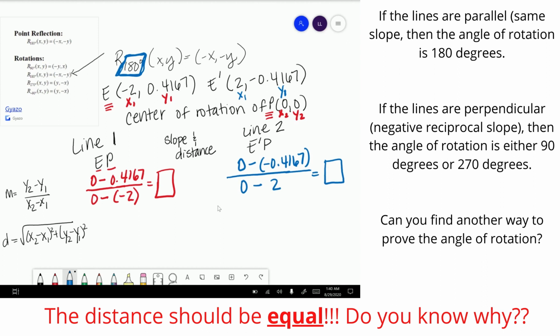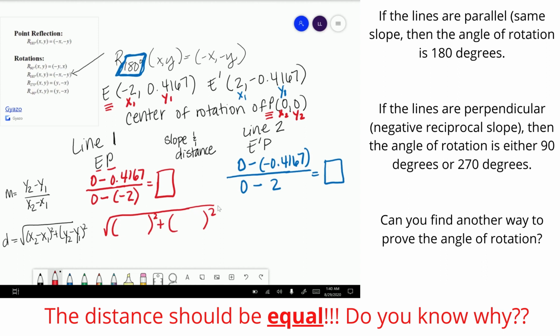All right, now let's go to the distance. So we're going to find the distance from this point to the center. So let's start with the first one. Square root, and I'm just setting it up.